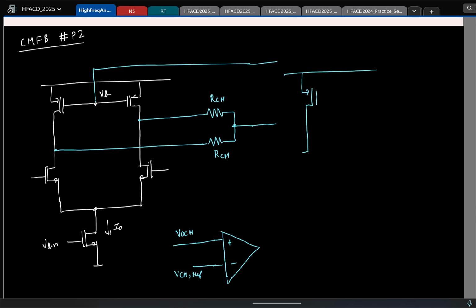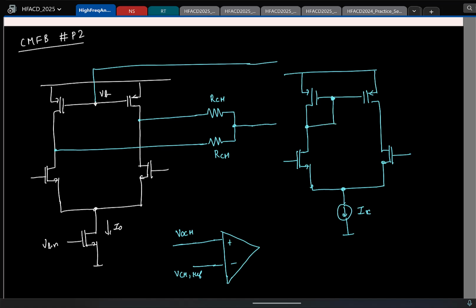So this is the OTA, let's say it's biased with some current Ix, and I know for sure that the right side here is the output, right? So tell me, which is the positive terminal, the left side or the right side?